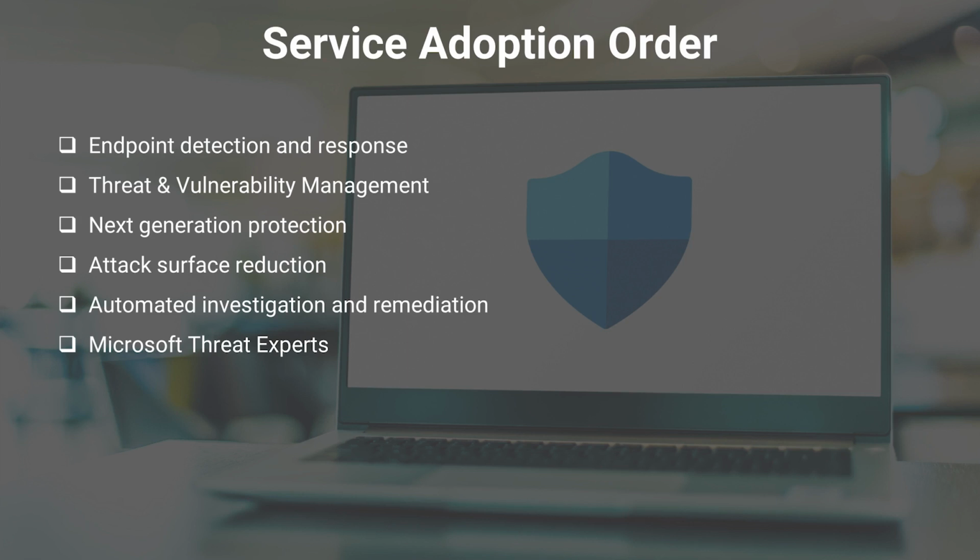And some capabilities will never need to be implemented in your organization because certain features are covered by other endpoint solutions in your organization. That is the reality. Because of that, Microsoft has the so-called Service Adoption Order for the Defender for Endpoint solution.